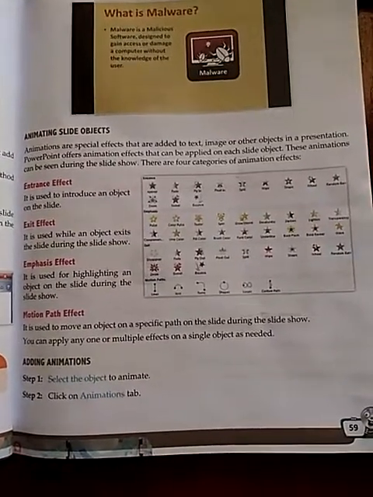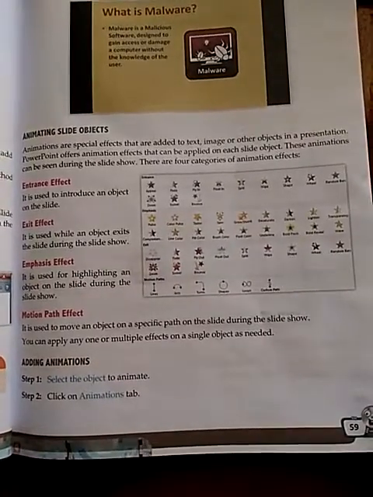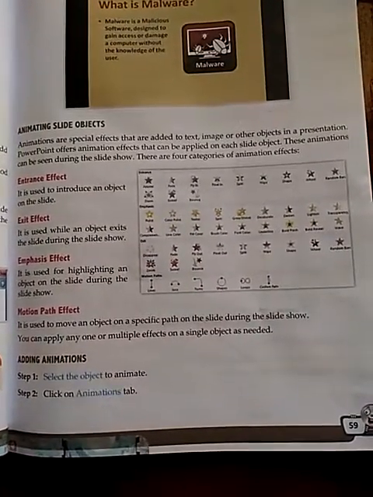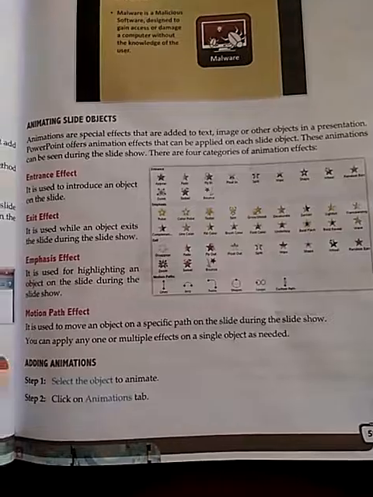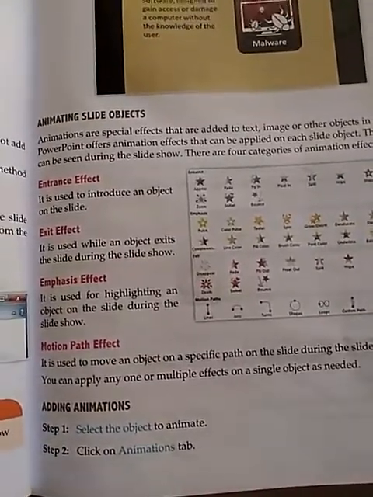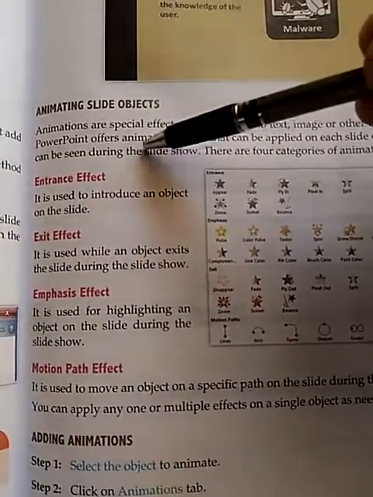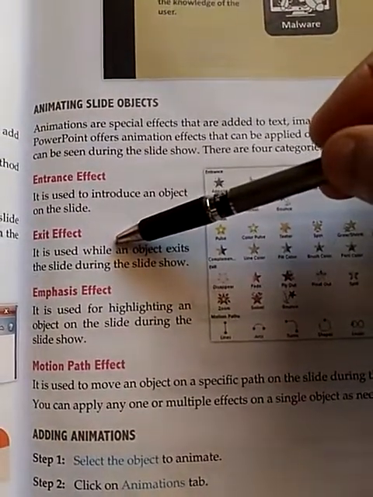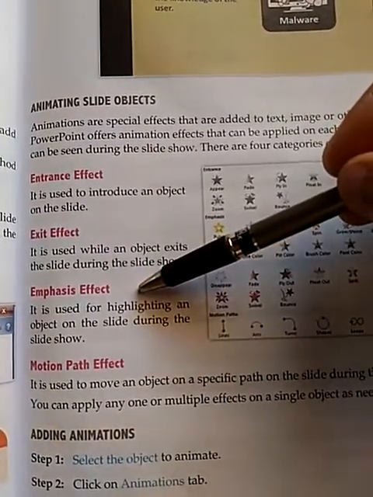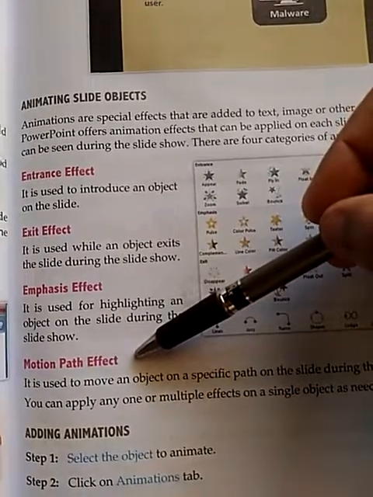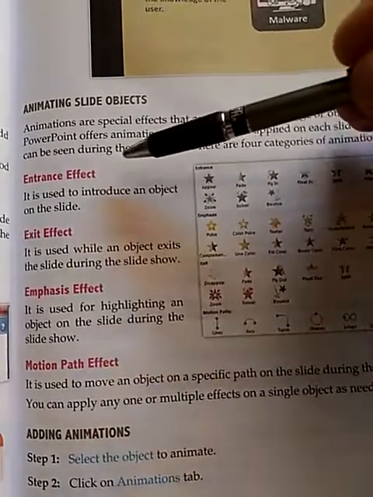Before doing the animation, first let us see what are the categories of the animation effects. The categories for the animation effects are entrance effect, exit effect, emphasize effect, motion path effect.